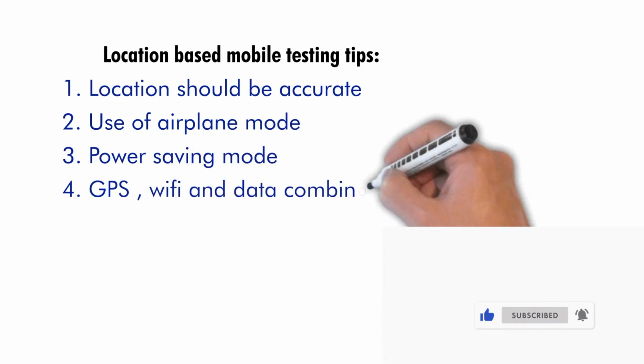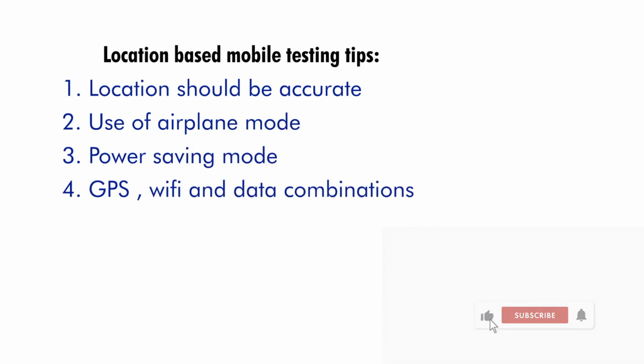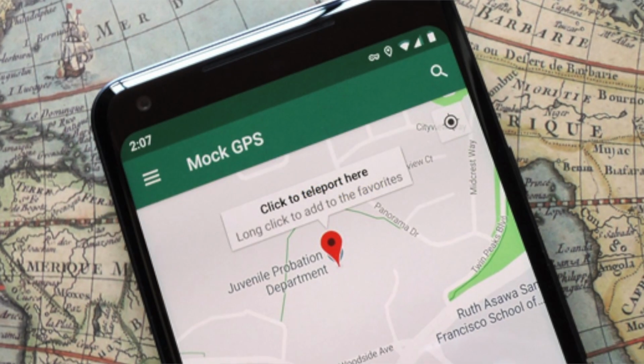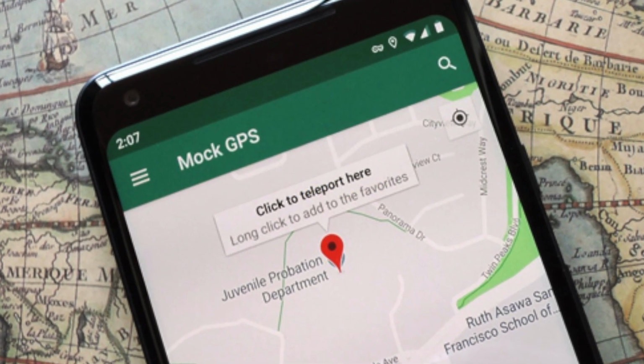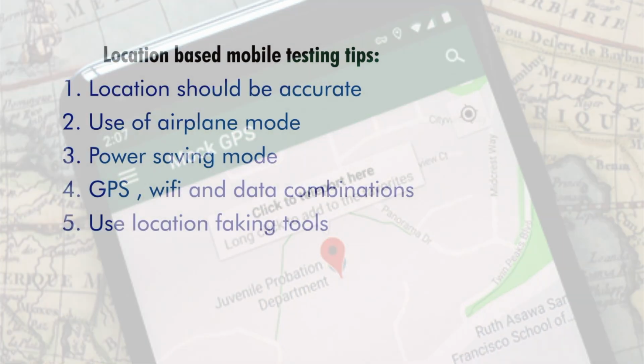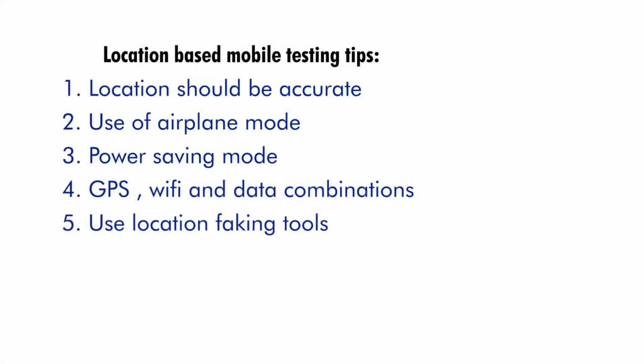Turn off GPS and verify the behavior. Also try using the app when Wi-Fi and other data connections are off. You can then try combinations of GPS, Wi-Fi and data connection toggles to test whether the app can handle all the scenarios successfully or not. Use location faking tools to test your app in locations where your intended user base would be using the app.